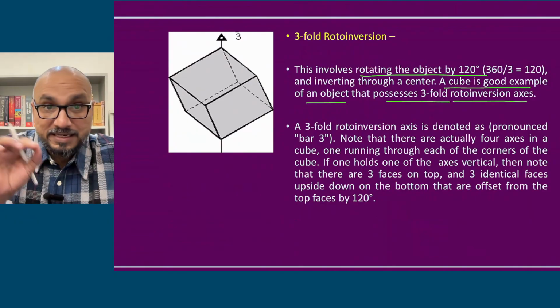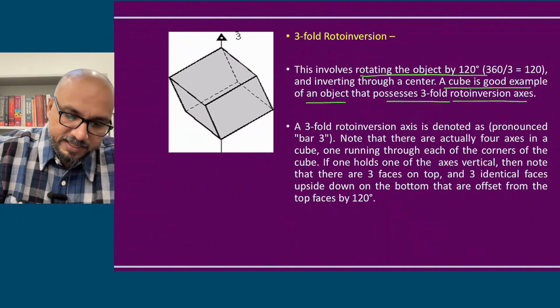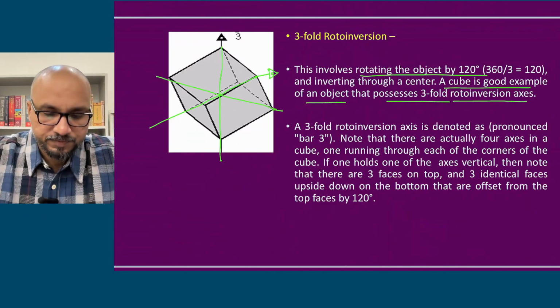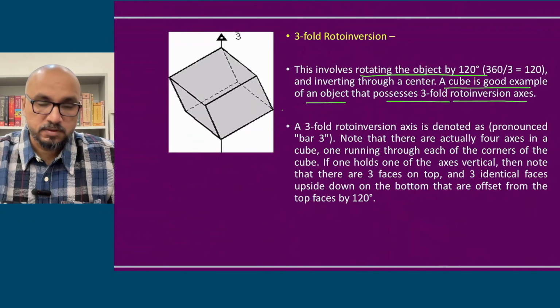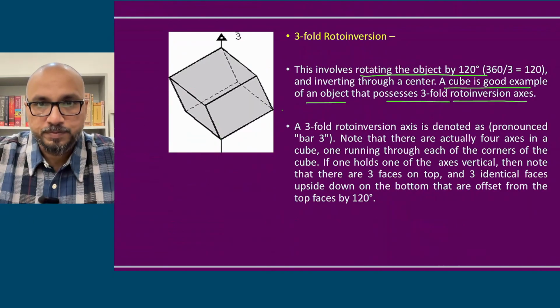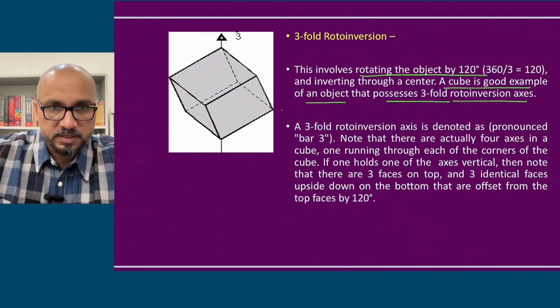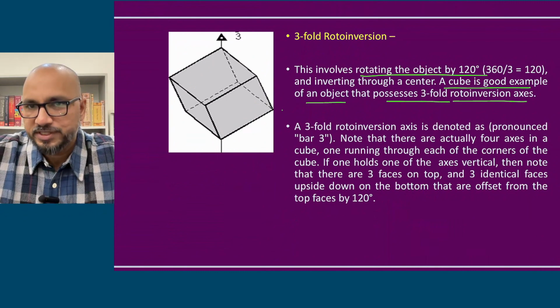So at each corner, this is one roto inversion axis, right? Passing from this corner to this corner, what was at this corner will pass to that corner, it will pass through this corner. Okay, so the four corners of the cube, the axis passing through these corners, this is the three-fold rotation axis.